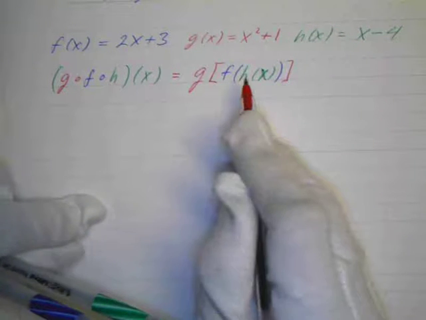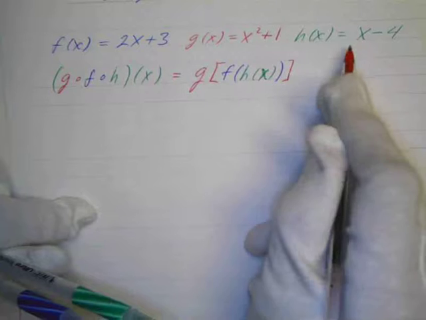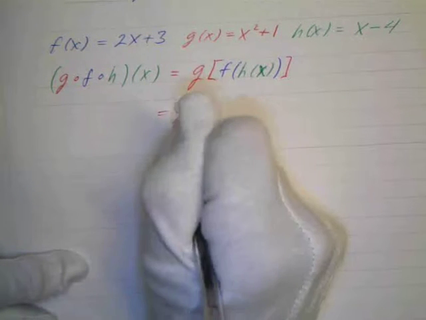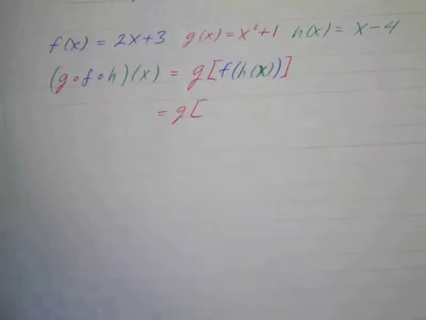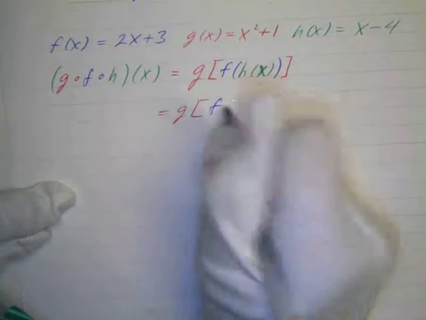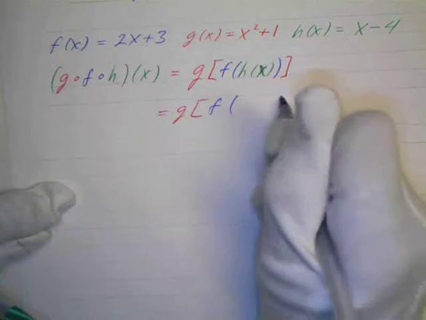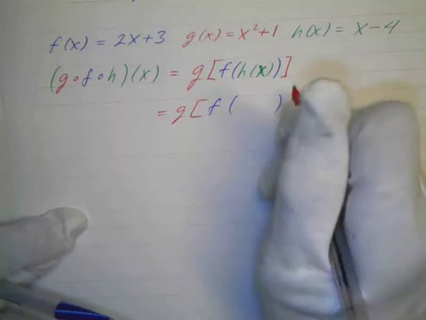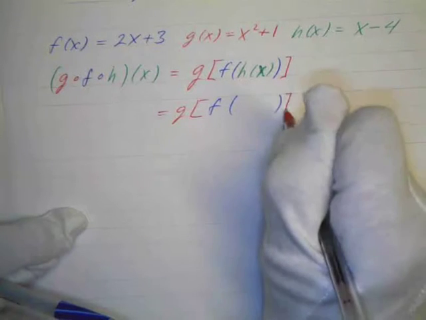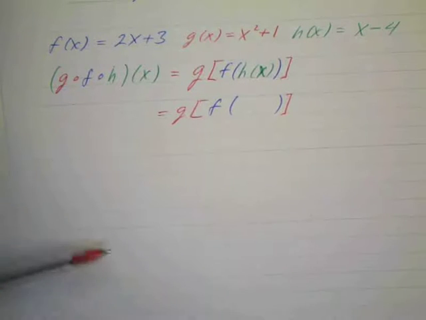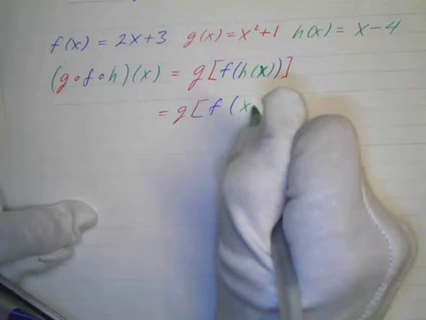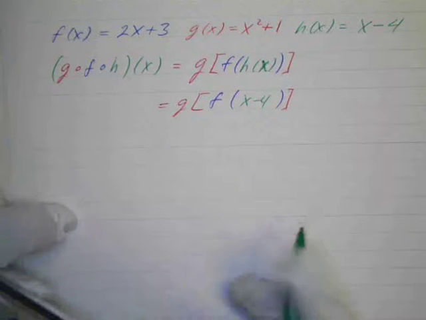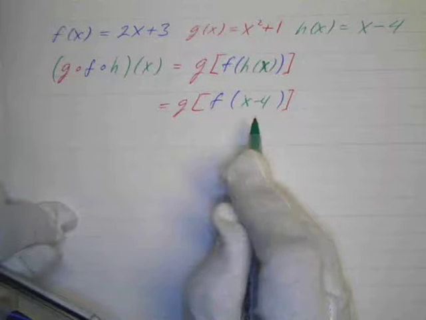Okay, so first of all, what's h of x? You just start substituting in. This would be equal to g of f of h of x. Now h of x is x minus 4, so instead of writing h of x, we'll write x minus 4. Now, what's f of x minus 4?